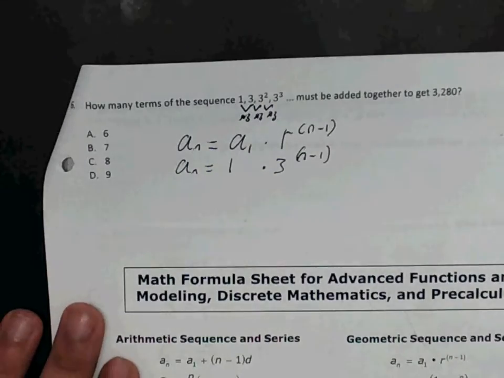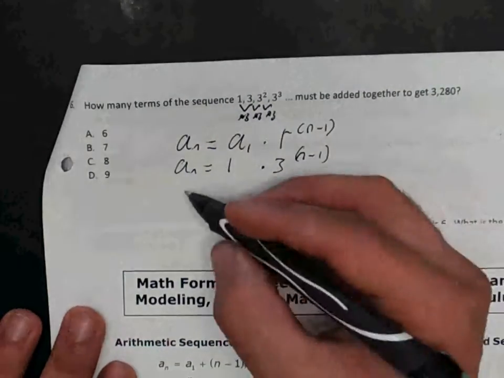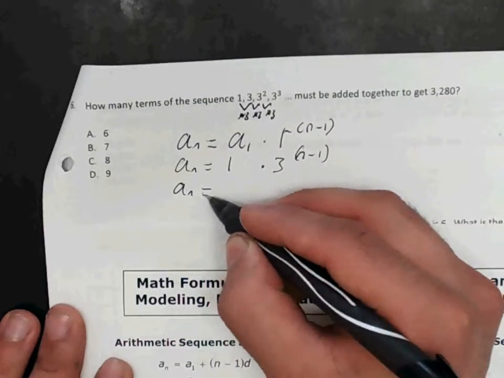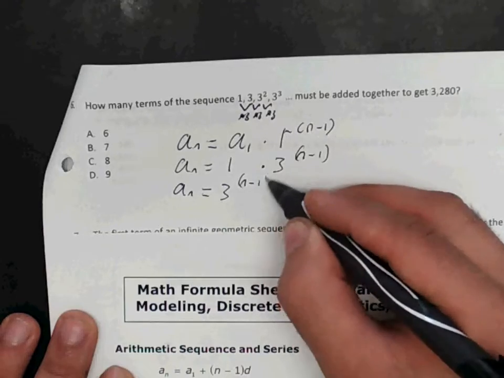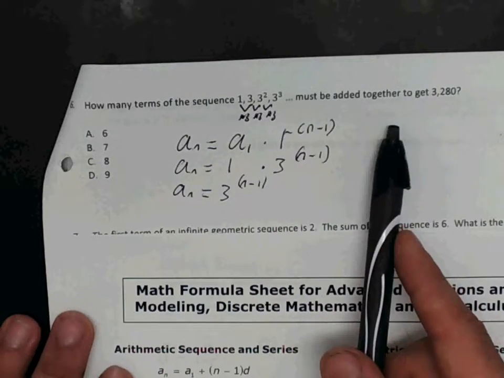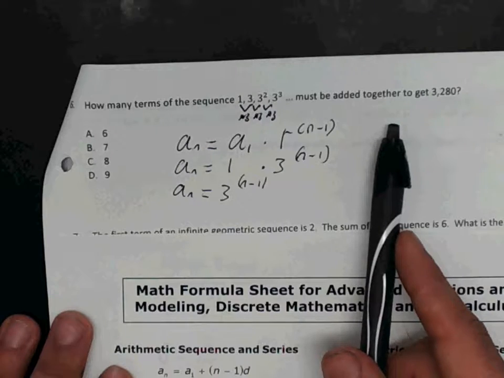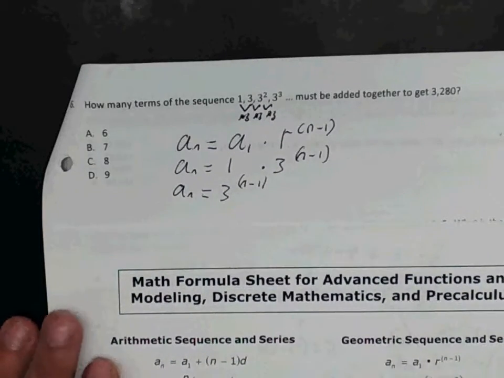And therefore, 1 times 3 is 3. So an is equal to 3 to the n minus 1.